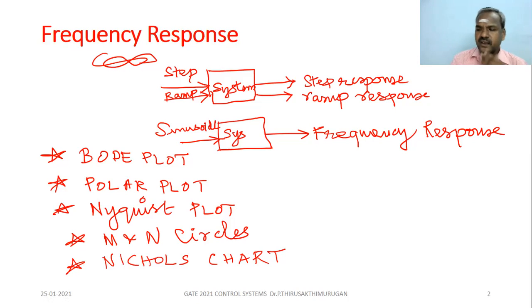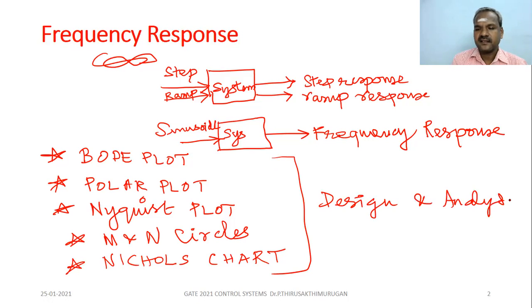In the frequency domain, the system can be analyzed and designed using these methods. These methods are used to design and analyze a control system. This is a very important domain, the frequency domain. So what are the various frequency domain specifications?